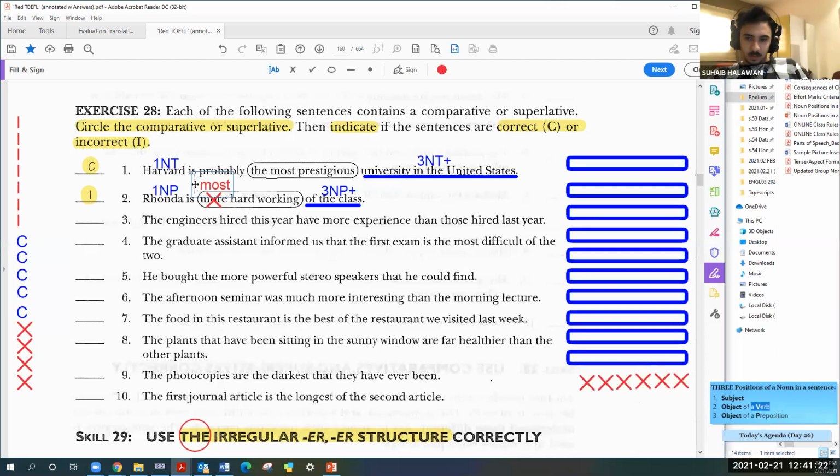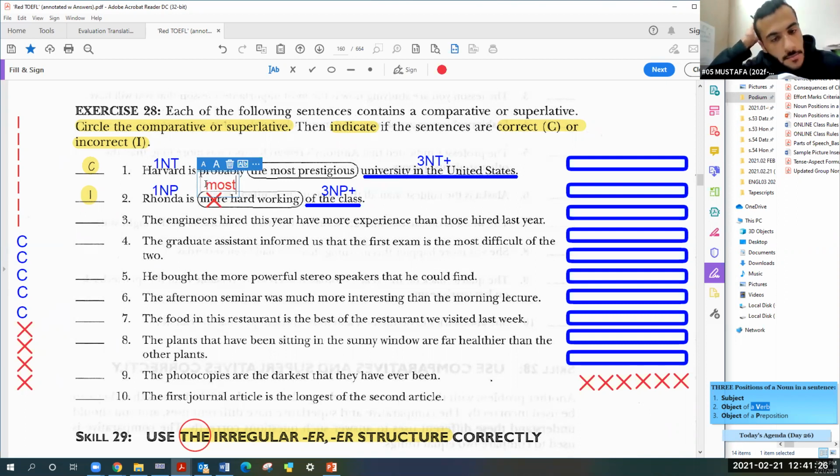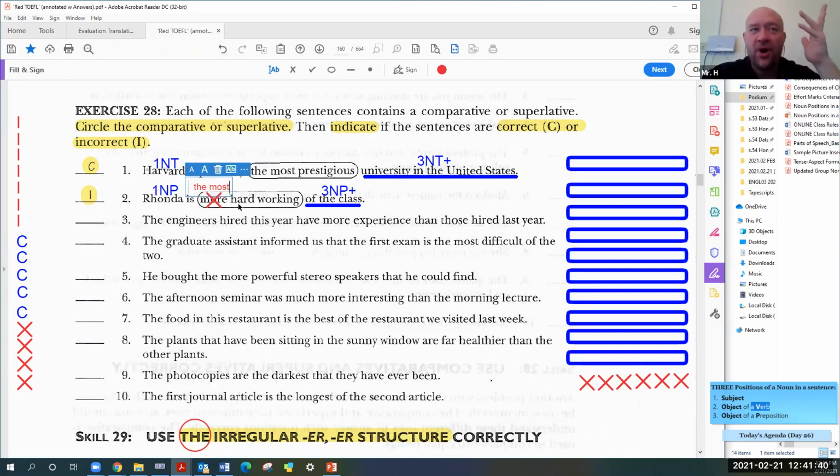We need to put the, the most. Correct. You have to put the. We have to say the most. The most hard working. Now, some of you are thinking, wait, teacher, hard is a short adjective. So we should use the formula EST.